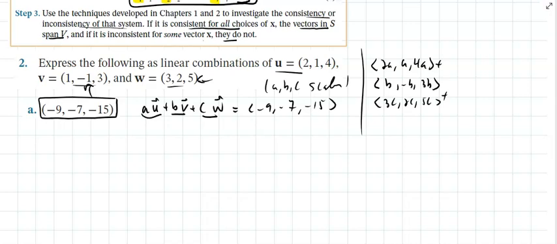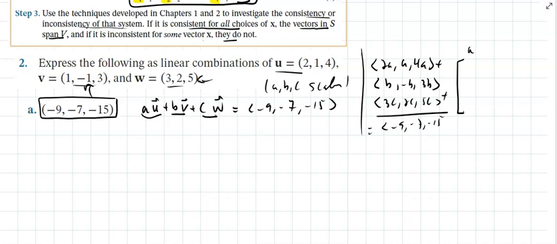Well, if I really want to put them together and see if those are equal to (-9, -7, -15), think of it this way.